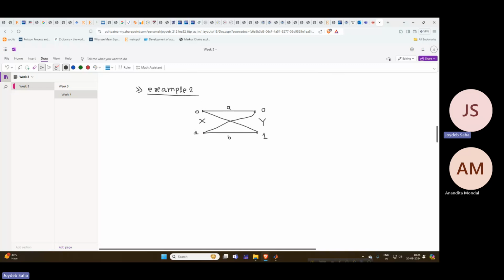Input may be 0 or 1, output may be 0 or 1. Ideally, if there is no noise, then if input is 0, output should be 0, and if input is 1, output should be 1. But there is some external noise which disturbs the channel. Due to the noise, sometimes even if input is 0, output becomes 1, or even if input is 1, output becomes 0. But it should not be, ideally.